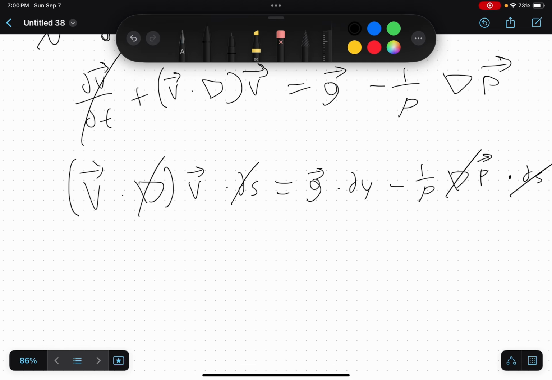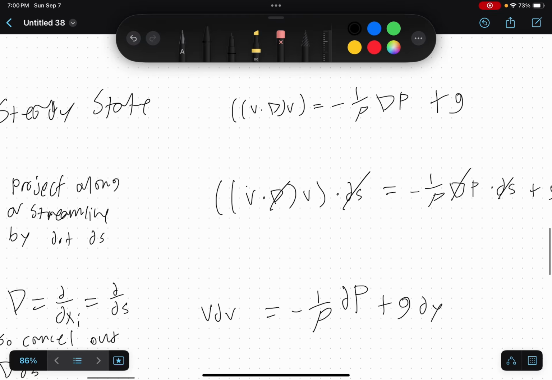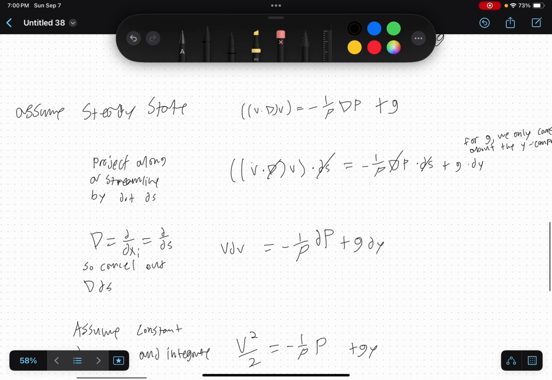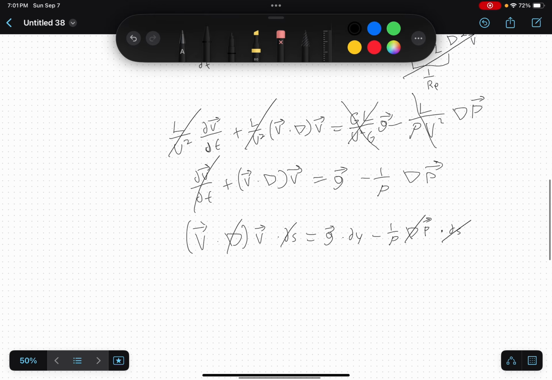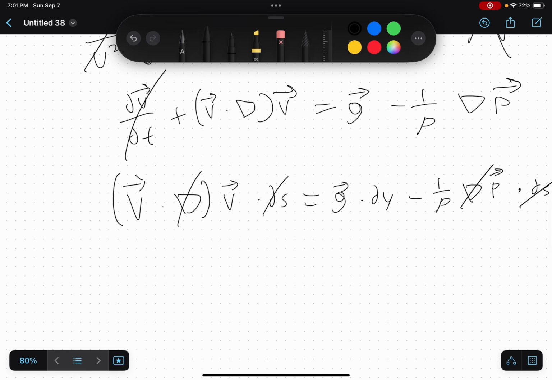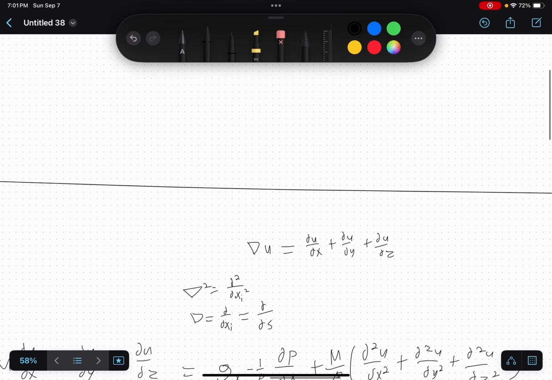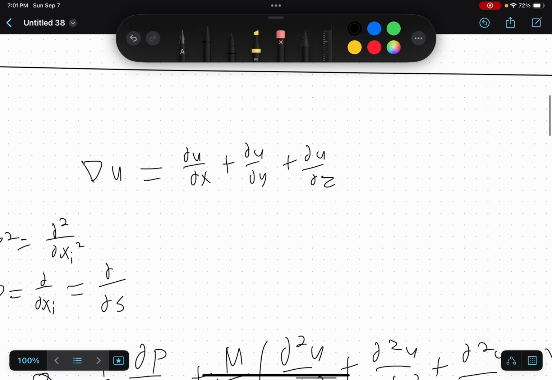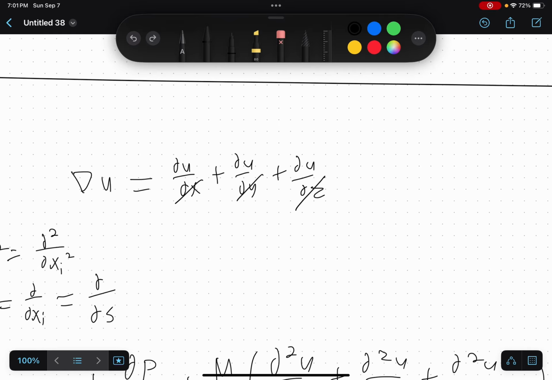We canceled out those parts, but we still have the du on the top. This doesn't just become u, it's still du.